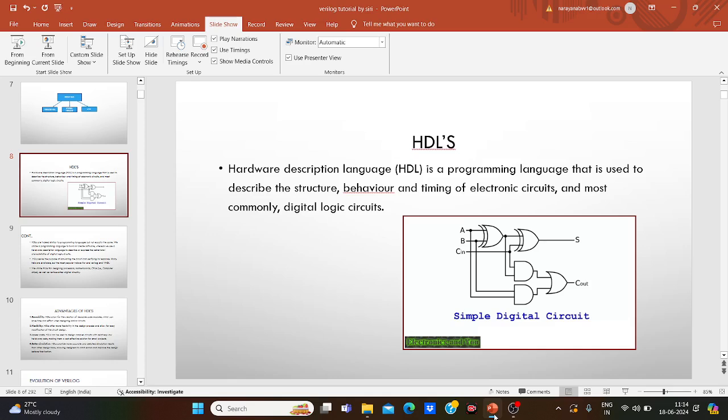Whatever hardware you design, you write a program for that entire hardware. When you write an HDL for an AND gate, this HDL is similar to the physical form of the AND gate. Hope you understand what HDL is. This is hardware description language.